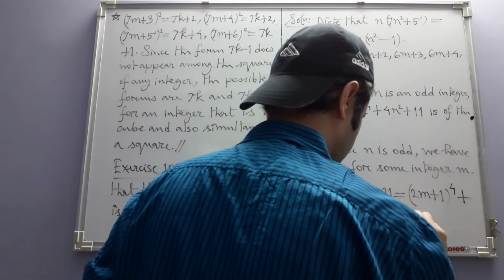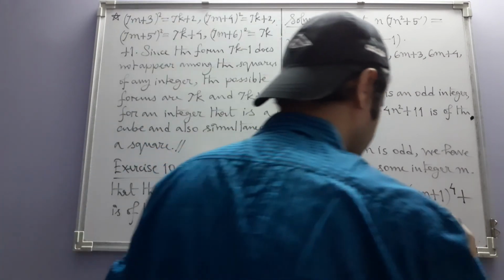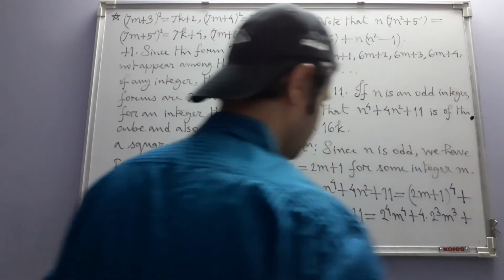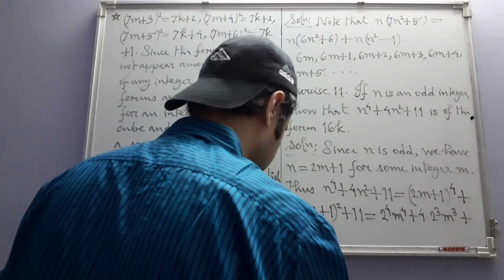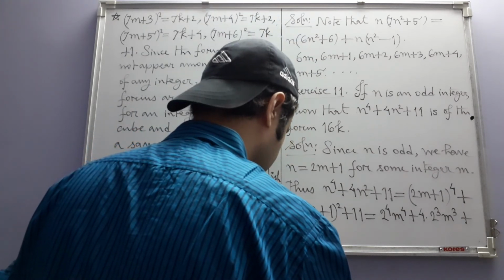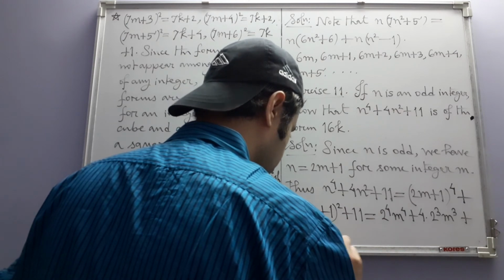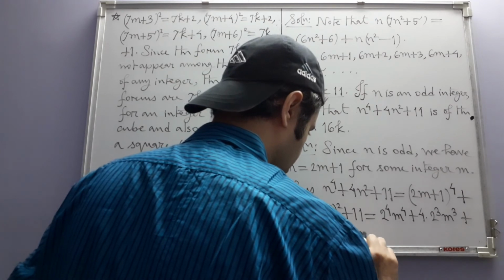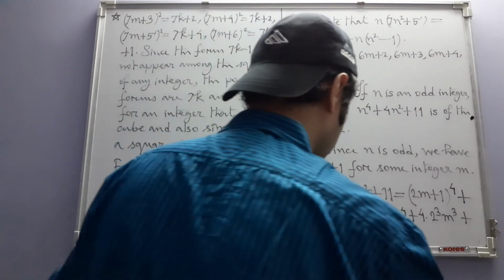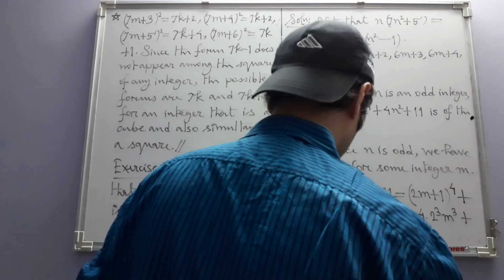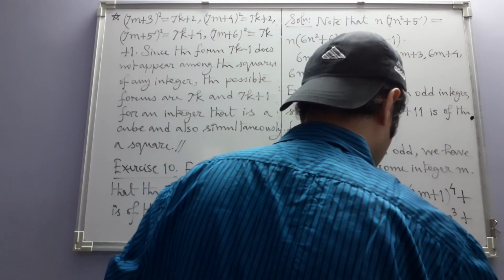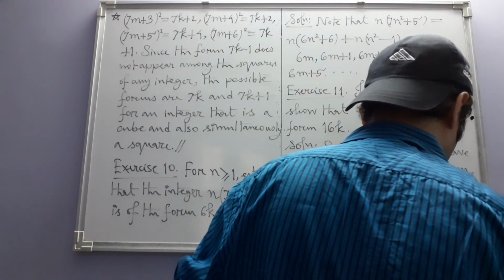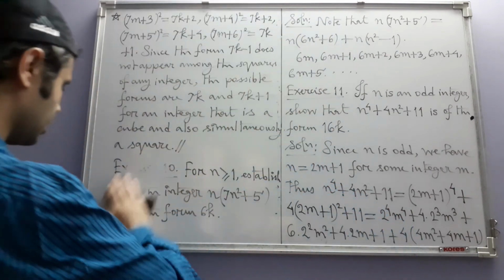Two to the power 4 m to the power 4 plus 4 times 2 cube m cube plus, oh, this is going to be big, 6 times 2 square m square plus 4 times 2m plus 1 plus 4 times 4m square plus 4m plus 1 plus 11.